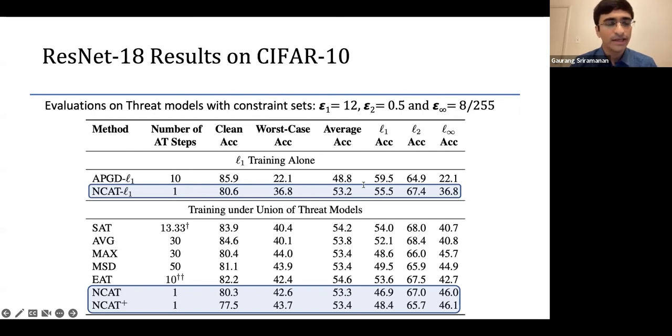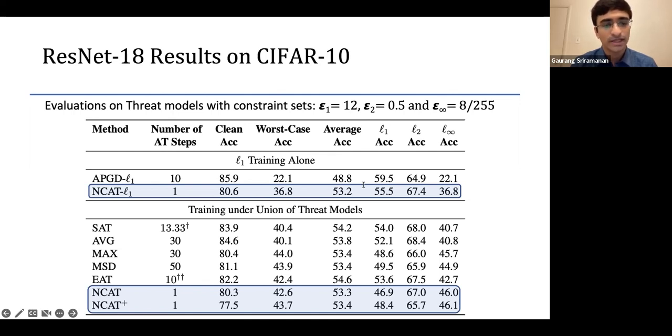When we allow training under the union of threat models using the proposed decision function, we also obtain fairly comparable values of robustness in both the worst case and average case settings, while using only a fraction of the computational cost, as we can see from the number of adversarial training steps available for each mini batch.